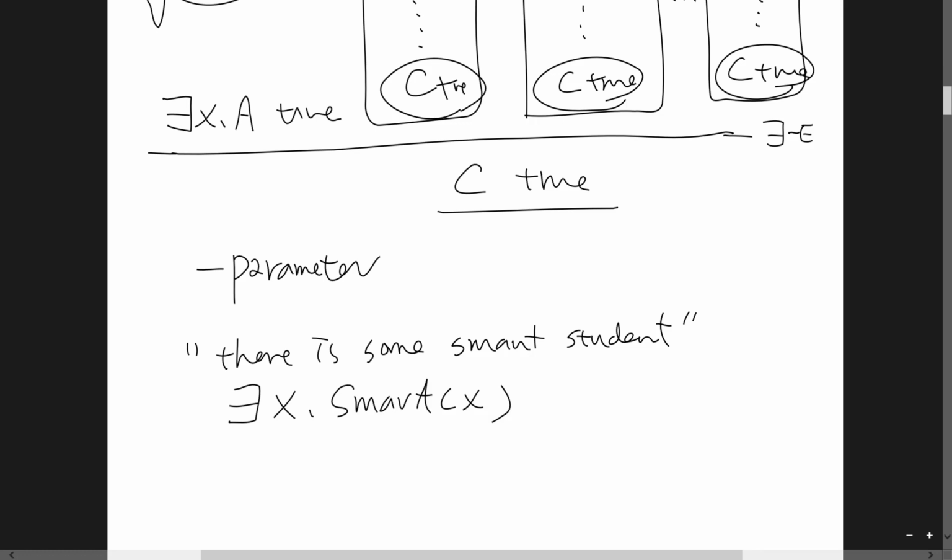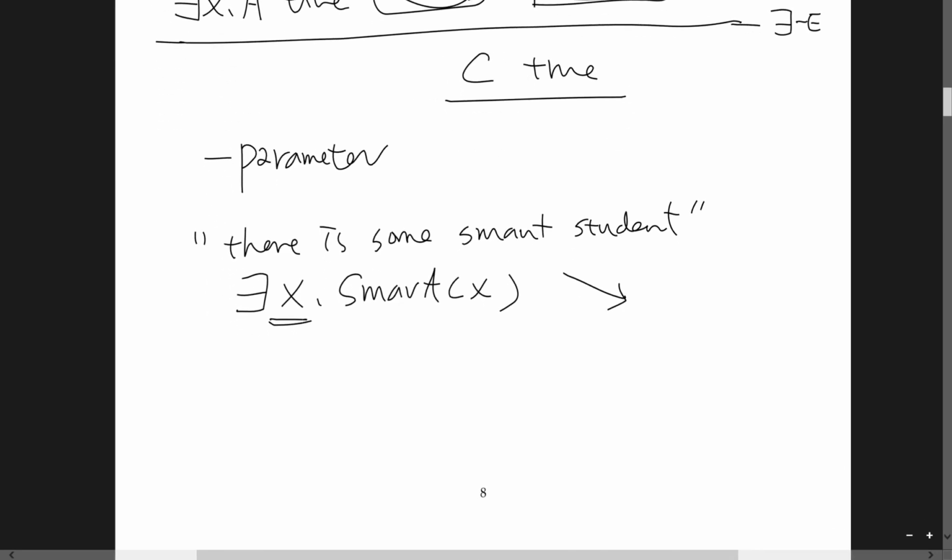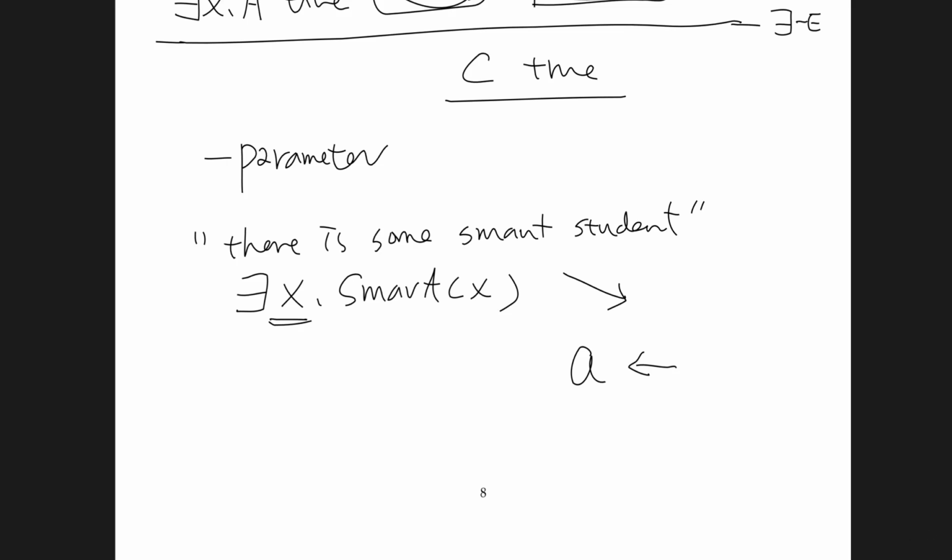And I'd like to use this fact, but I don't know who this student is. So what I do is I just assume that the student is A and I know nothing about him. All I know about him is he's smart. That's all I know.